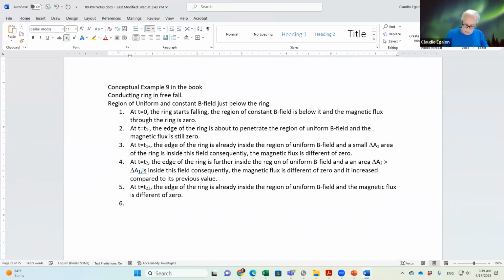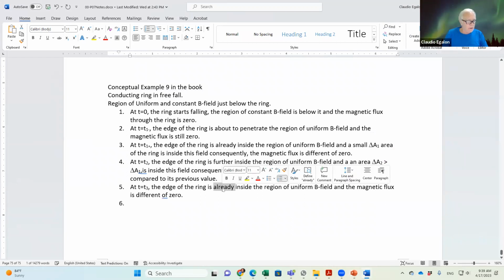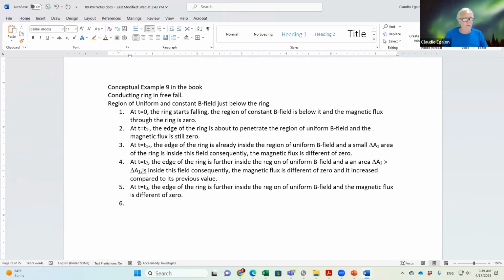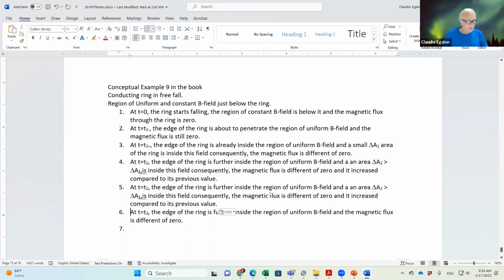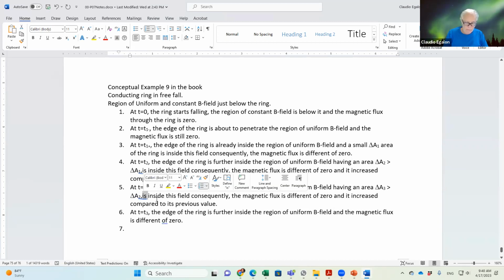At t equal to t3, the ring is further inside the region of uniform field, having an area delta A3 greater than delta A2 inside this field.